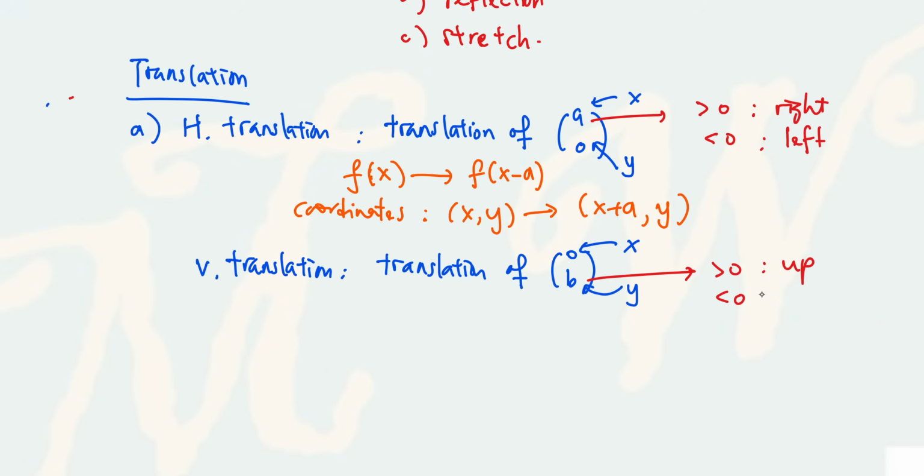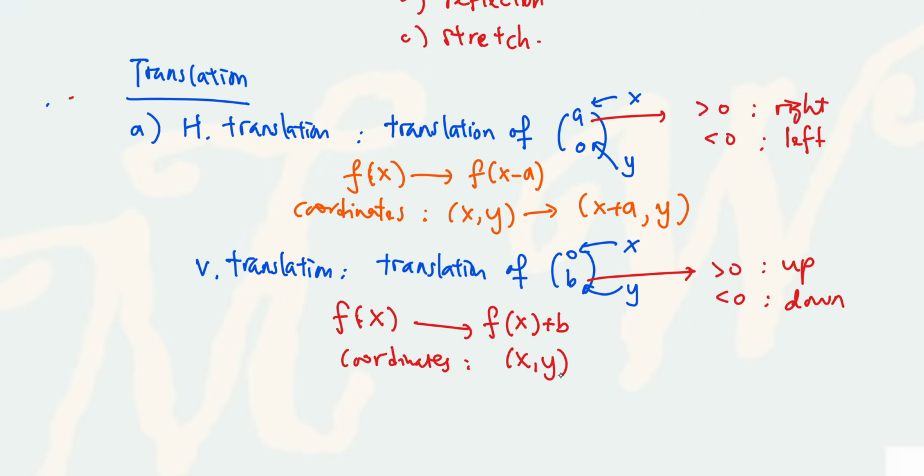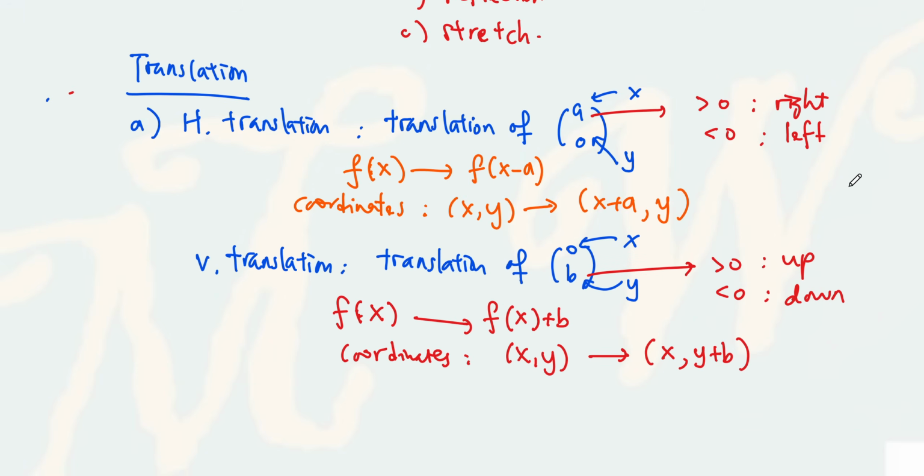If your b is negative, less than 0, then you are moving down the graph. So the function f(x) will be changed to f of x plus b, because now the effect is on the y value. And the coordinates, instead of x, y, now there's no change in the x, so you remain the x, and the y now becomes y plus b. So this is the first type of transformation, that is called translation.